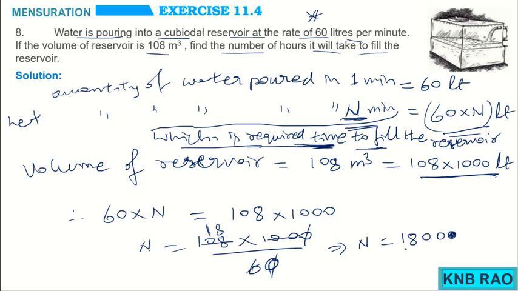So 1800 minutes. What is 1800 minutes? Therefore n equals 30 hours. How has 30 hours come? For 1 hour there are 60 minutes, so if I divide 1800 by 60, I get 30 hours.